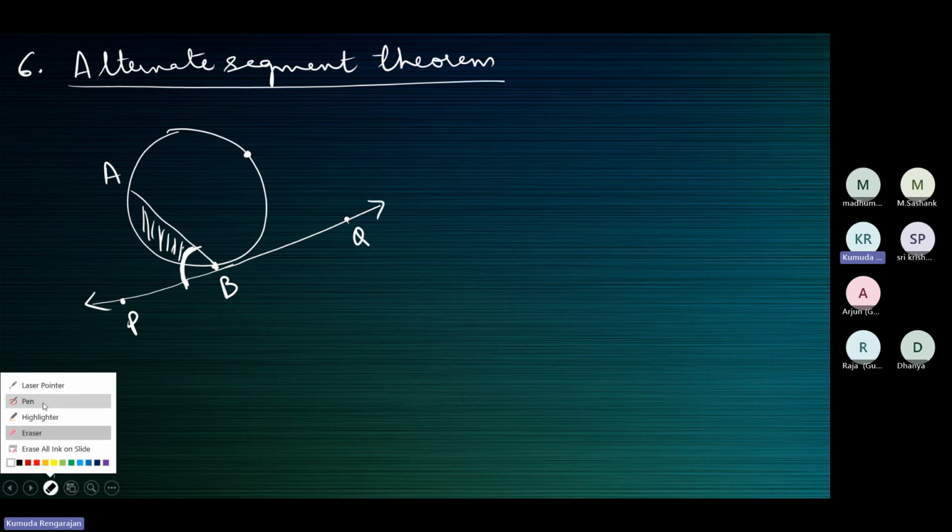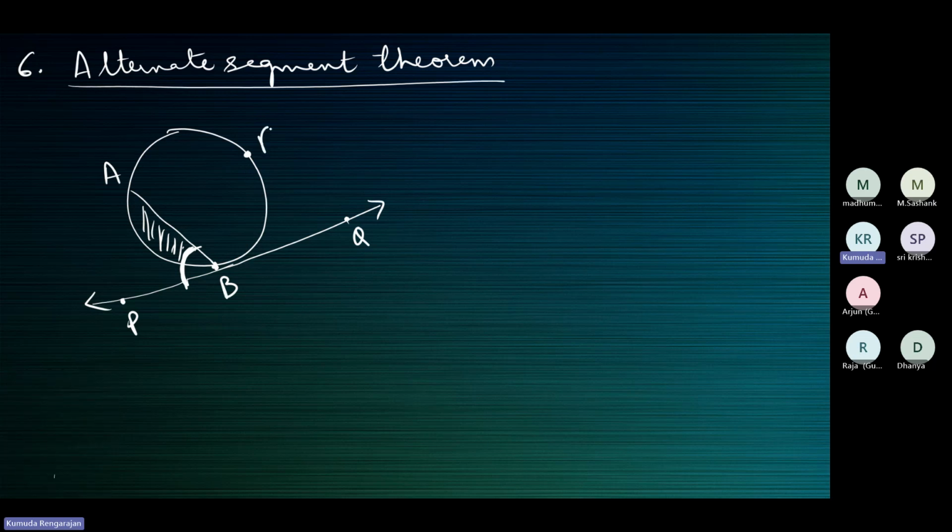So I've marked this point. Let me call it R. Now join AR, BR. This is the angle subtended by, or made by, the chord AB at the point R in the alternate segment.